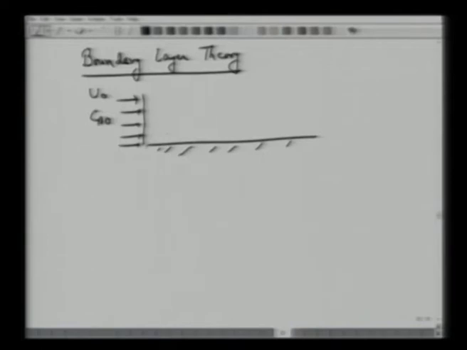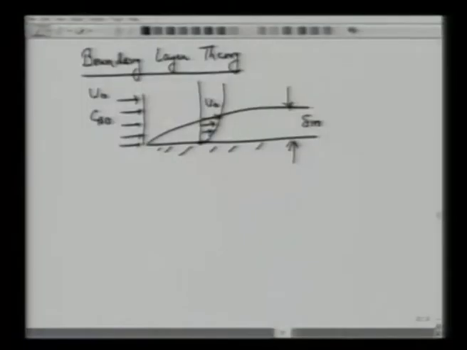If you recall from your momentum boundary layer theories, there is a thin momentum boundary layer in which the velocity profile changes from no-slip zero velocity to the bulk velocity, which is u0. So all we are saying is that resistance to momentum diffusion is within this delta m, and it varies from 0 to the u0 velocity. Similar to this momentum boundary layer, there is also a mass boundary layer, which could be thinner or could be as thick as the momentum boundary layer.